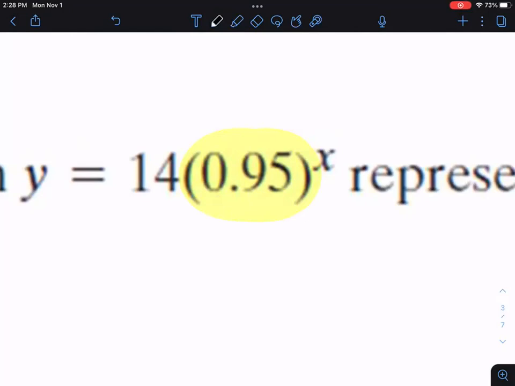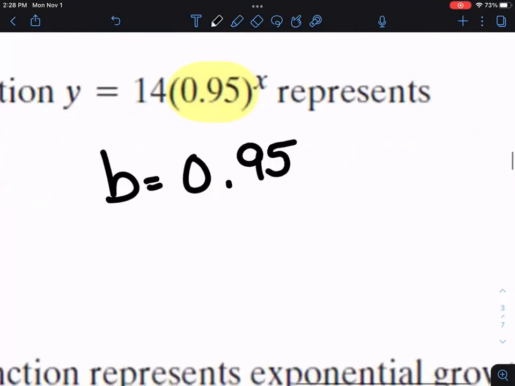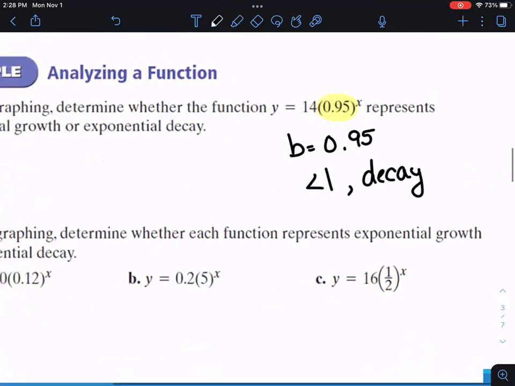So we need to decide whether 0.95 is greater than 1 or less than 1. Our B value is 0.95. Since that value is less than 1, this would be a decay scenario. So we didn't have to graph it. We can already know that it's going to start high and then the numbers are going to get smaller. Your graph would look like this here on the right-hand side.